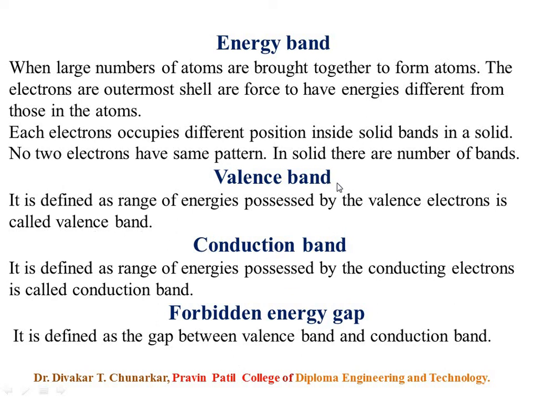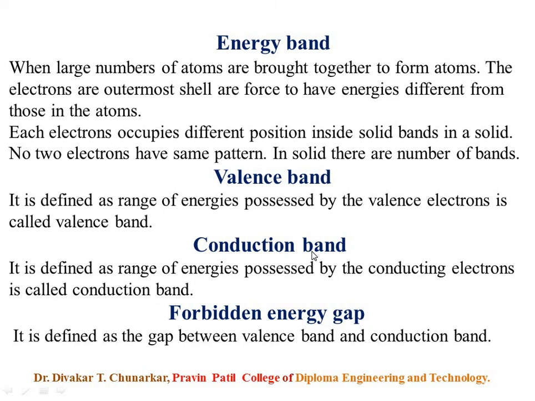So what is the valency band? The valency band is defined as the range of energy possessed by the valence electrons. The conduction band is defined as the range of energy possessed by the conducting electrons.